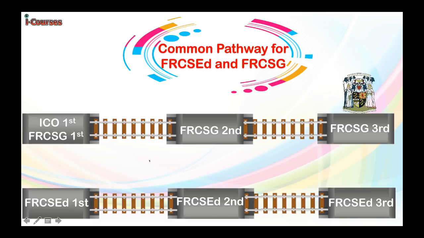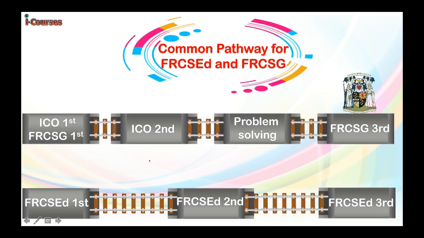Some doctors used to have a shortcut, which is after passing the first part, you apply for the second part of ICO so that you can save some time till you complete your 5 years experience to be eligible for problem solving exam. Then after passing the problem solving test, you sit for the third part of the FRCS Glasgow, and now if you passed it, then you have the fellowship and you can apply for GMC registration.